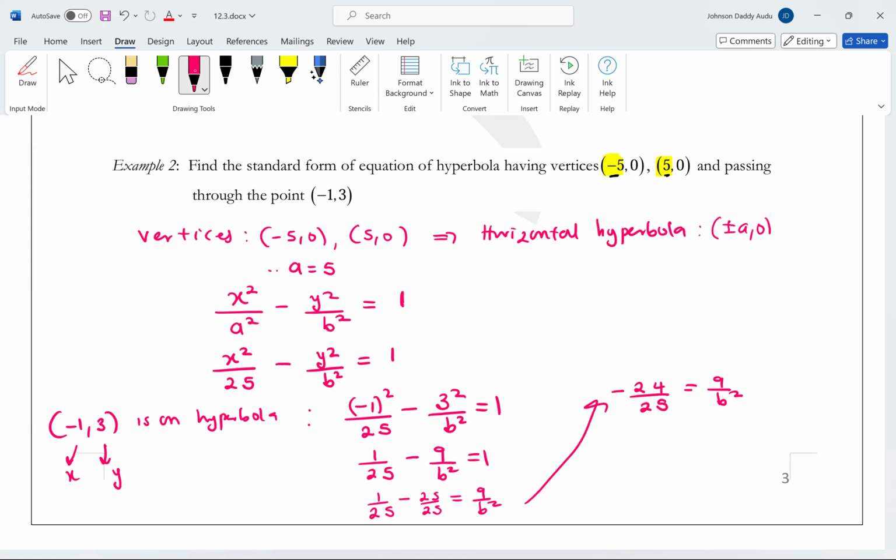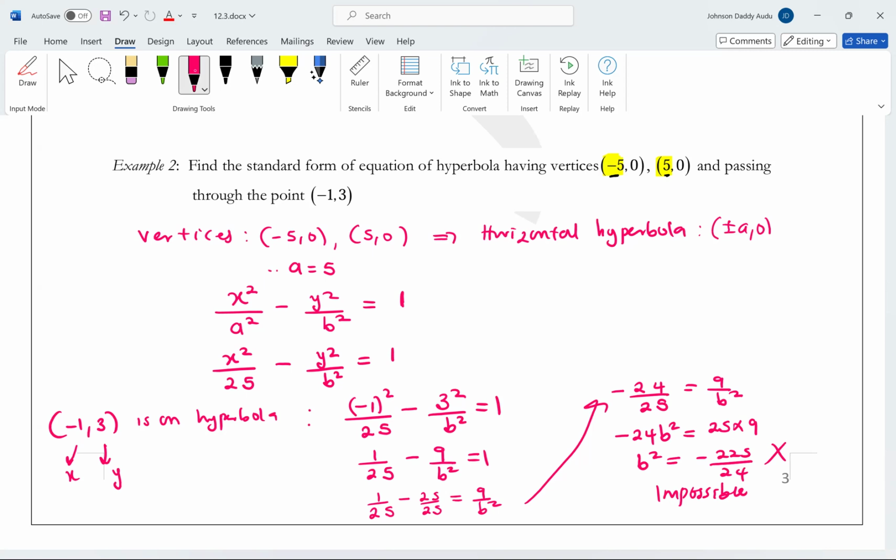This definitely is going to be a problem here because you're going to have a negative number, right? And this is 25 times 9. And this is going to give us b squared equals minus 225 over 24. Now this is impossible. Why is it impossible?